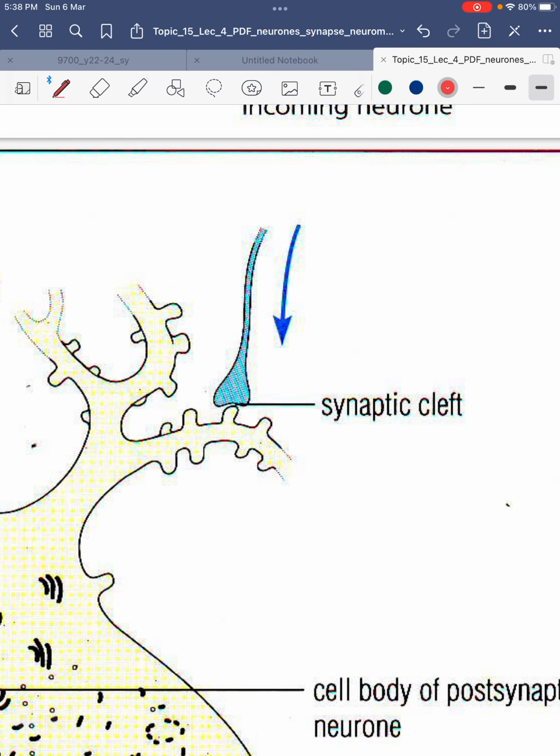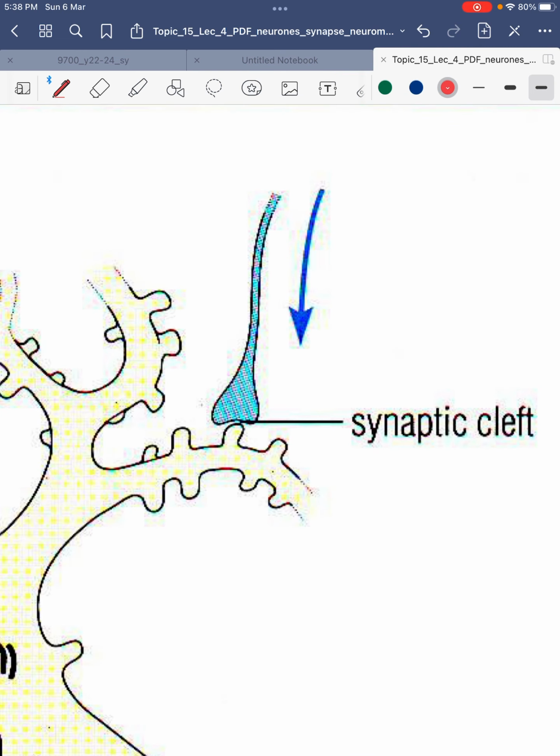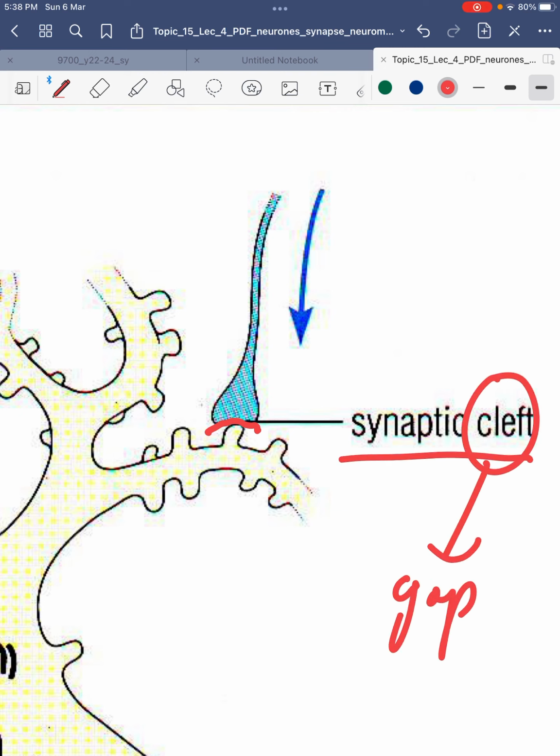There is a gap between the presynaptic membrane of the synaptic knob and the cell membrane of the postsynaptic neuron. This small gap is called the synaptic cleft or synaptic gap.